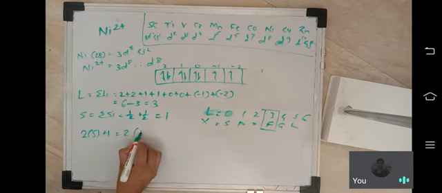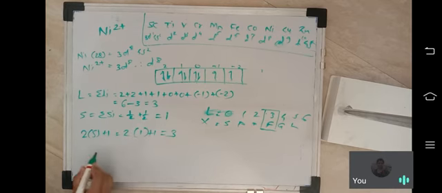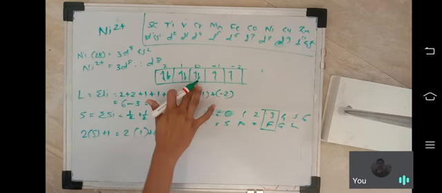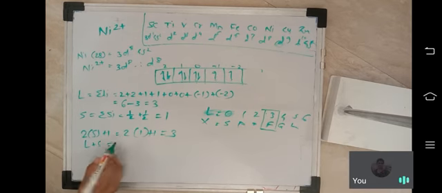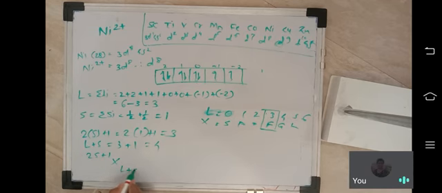S is 1, here 3. Okay, here more than half filled is there, so we have to take L plus S. What is the value of L? 3. What is the value of S? 1. That means 4. Then you write the formula 2S plus 1 X L plus S. Here 2S plus 1 is 3. X is F and L plus S is 4. That means the answer is triplet F4.